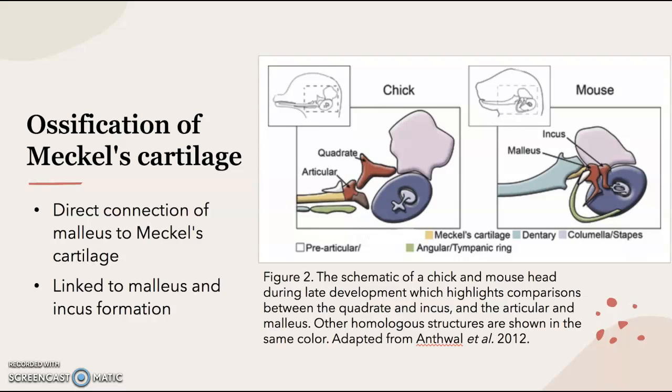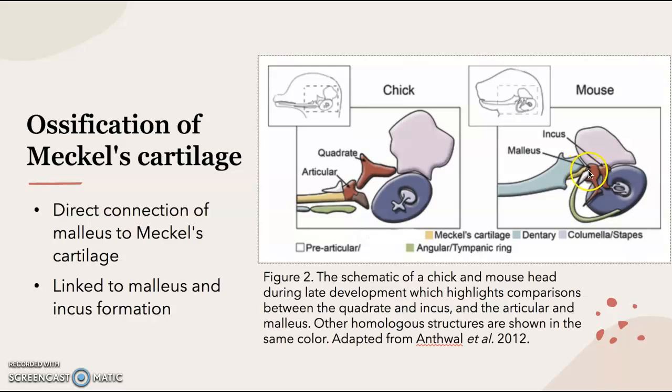It's important to note that when Meckel's cartilage becomes ossified, its posterior part is joined to the malleus. So again, just looking at a chick and a mouse, these are not embryos anymore. This is later in development. So as you can see in the chick, I just want to note that the homologous structures are the quadrate and incus, as well as the articular and malleus.